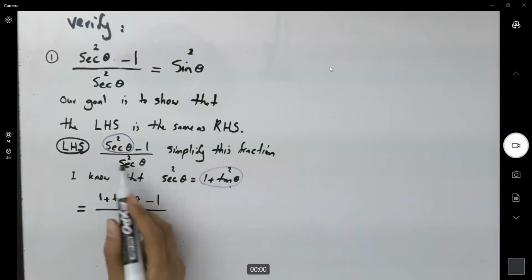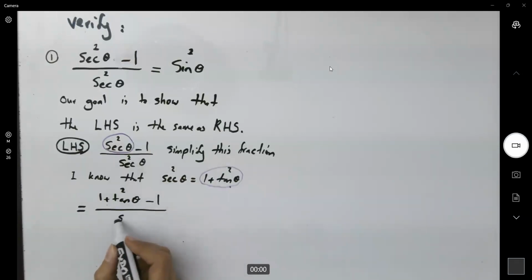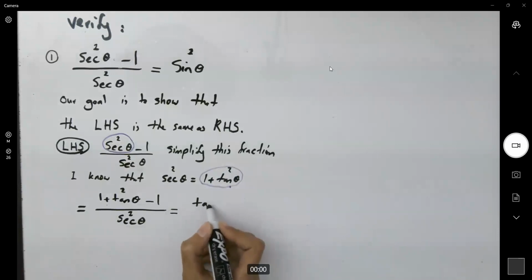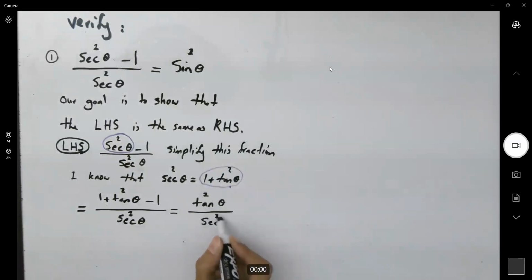My denominator stays the same. I'm going to copy down my denominator as secant squared of theta. Obviously 1 minus 1 is 0. So this fraction becomes tangent squared of theta divided by secant squared of theta.